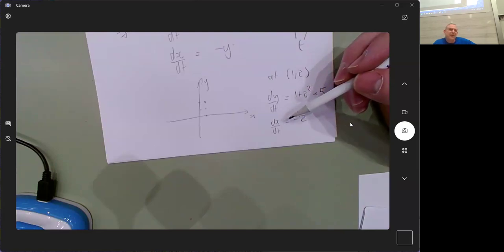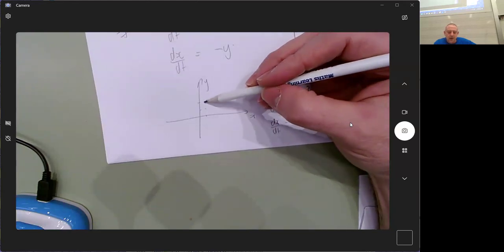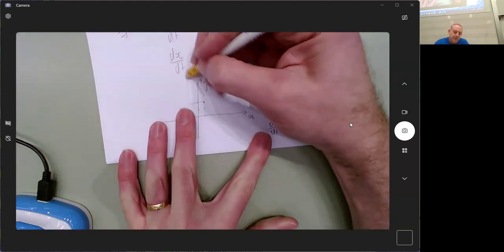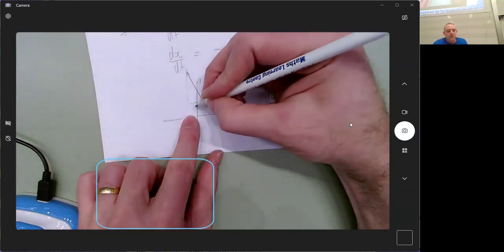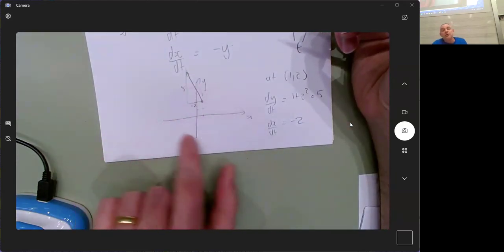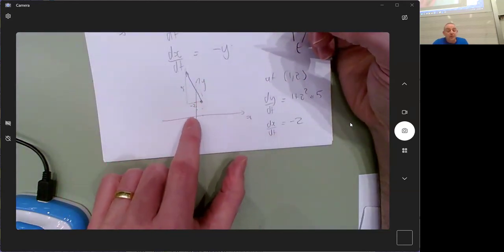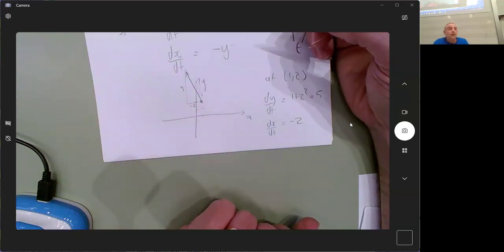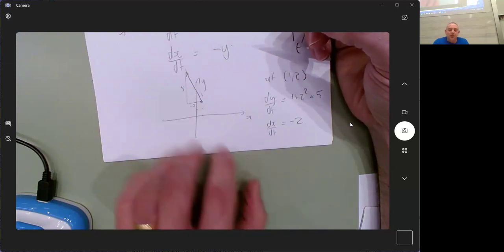If we think about it as a vector with a speed, it's going minus 2 in the x direction and 5 in the y direction. It's going that fast. At every point, you should be able to draw an arrow to say what the speed is at that point.